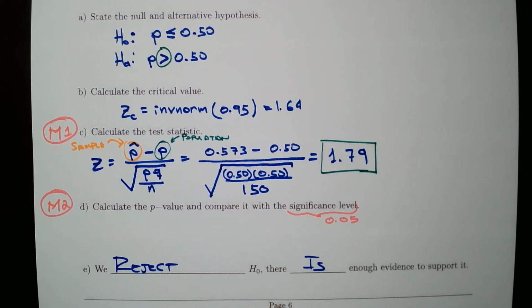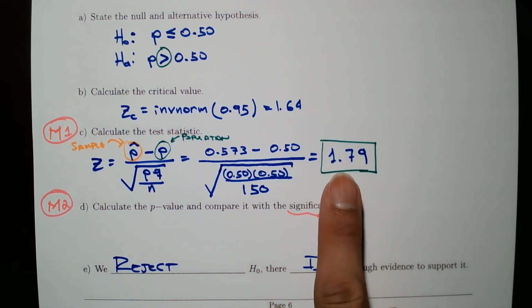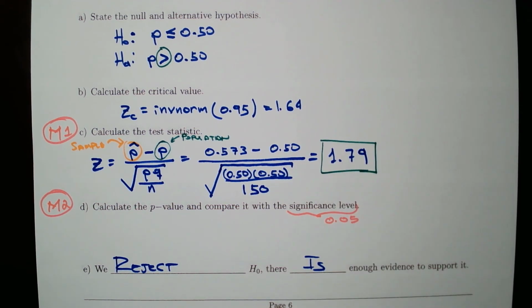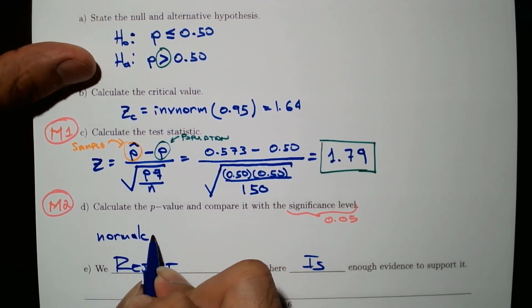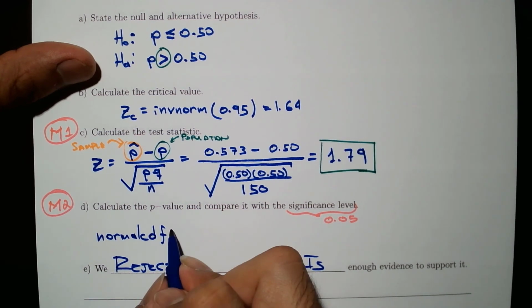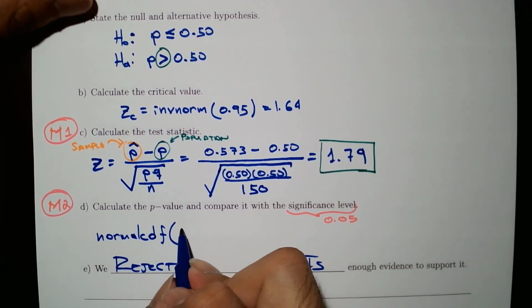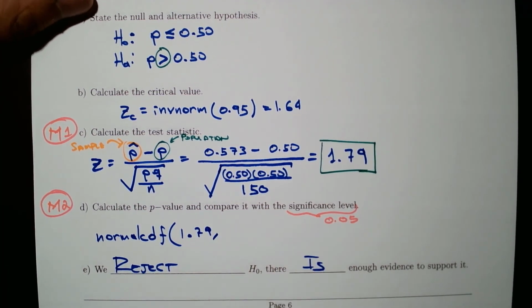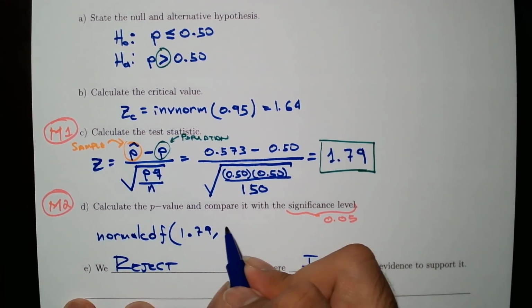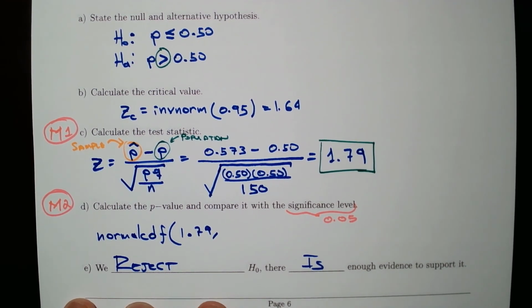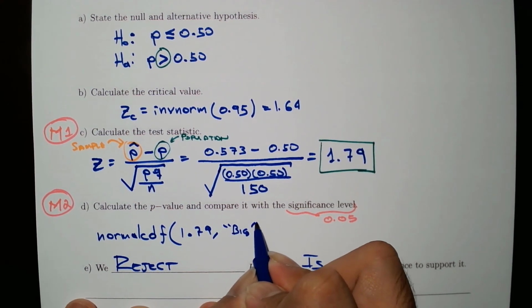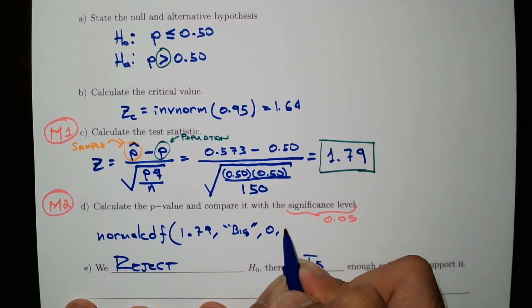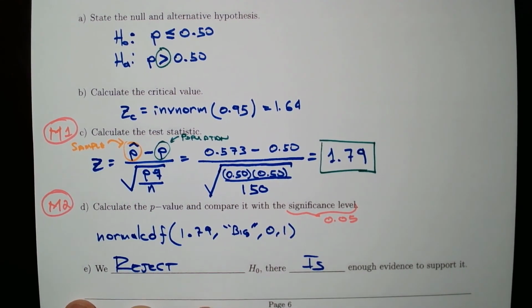All right. So how do we compute the p-value? In this case, we're going to find the probability of having this z-score. Well, we're going to use the command normal CDF, and we're going to type 1.79, comma, big number, and then 0 and 1, which are the default values here.